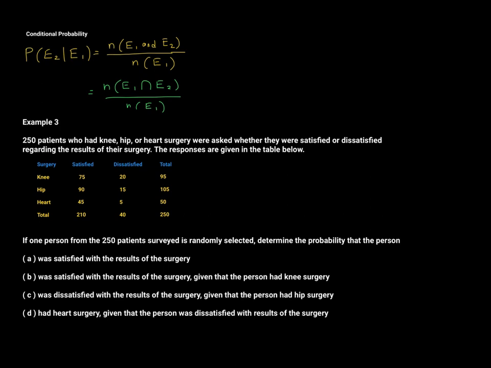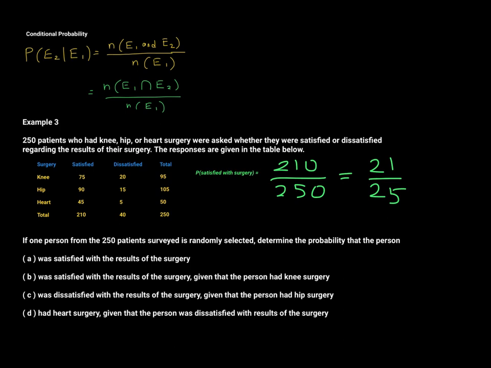So you have a total of 210 patients that are satisfied with their surgery out of 250 total patients. Simplify this by dividing by 10. So you get 21 over 25. This is the probability that that one randomly selected patient is going to be satisfied with their surgery.